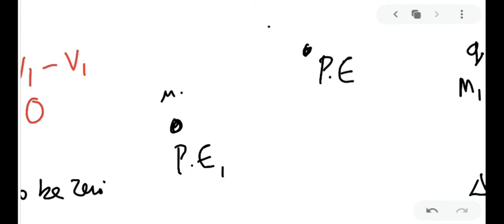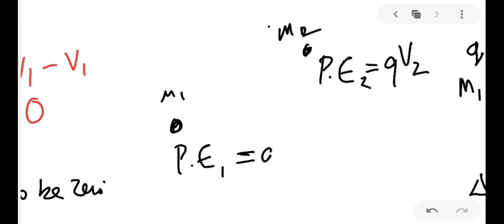You have a system with potential energy PE1 at M1 and PE2 at M2. The potential energy of the charge at M2 is QV2, and at M1 it is QV1, and you move the charge from M2 to M1. What is the amount of energy required?